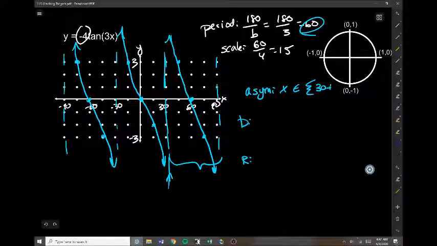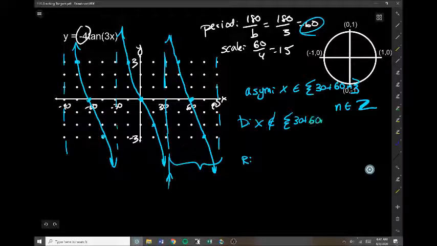So 30 plus 60n, where n is any integer. This is supposed to be a Z with a second little thickness to it. That capital Z stands for integer. So the domain is everything except 30 plus 60n. And the range is always, with tangent, going to be all real numbers.